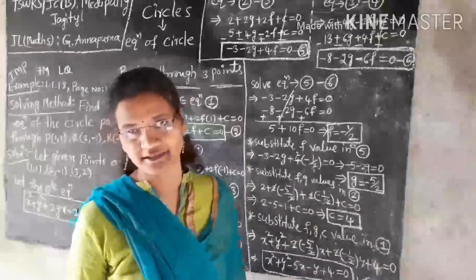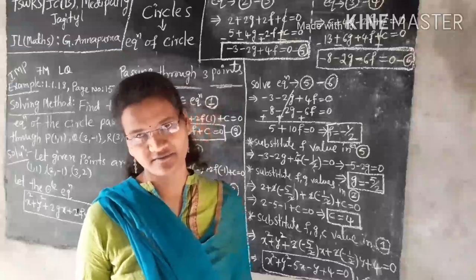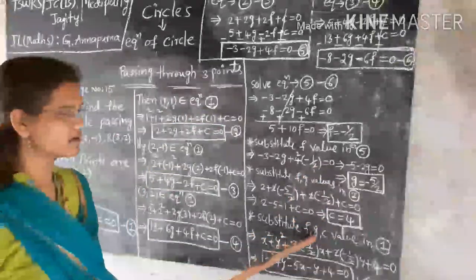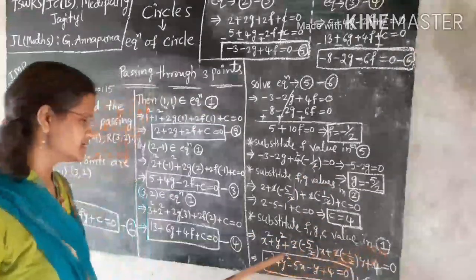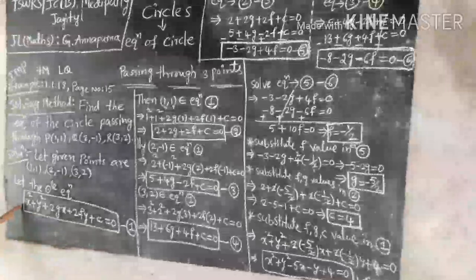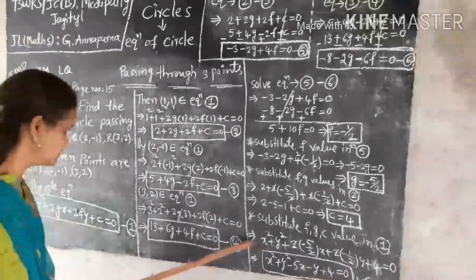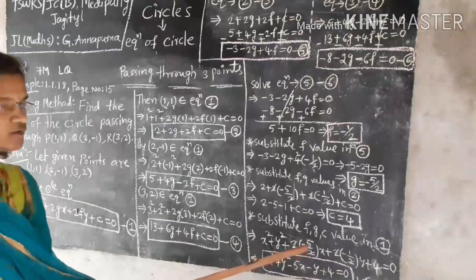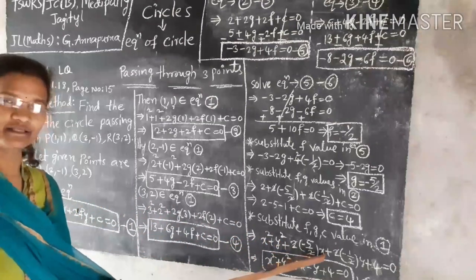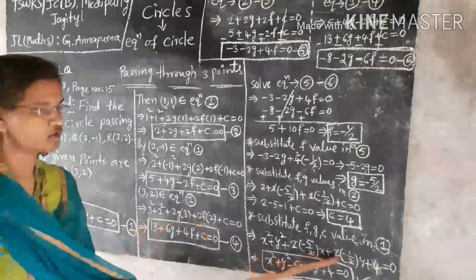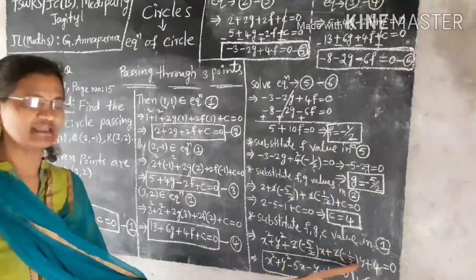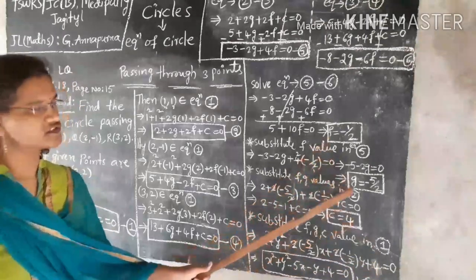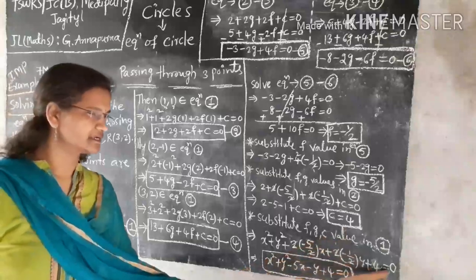Finally, we are substituting the f, g, c values in equation 1. See, x square plus y square plus 2g x, 2g is minus 5 by 2, so minus 5x, plus 2f y, 2f is minus 1 by 2 times 2, so minus y, plus c value, plus 4, is equal to 0.